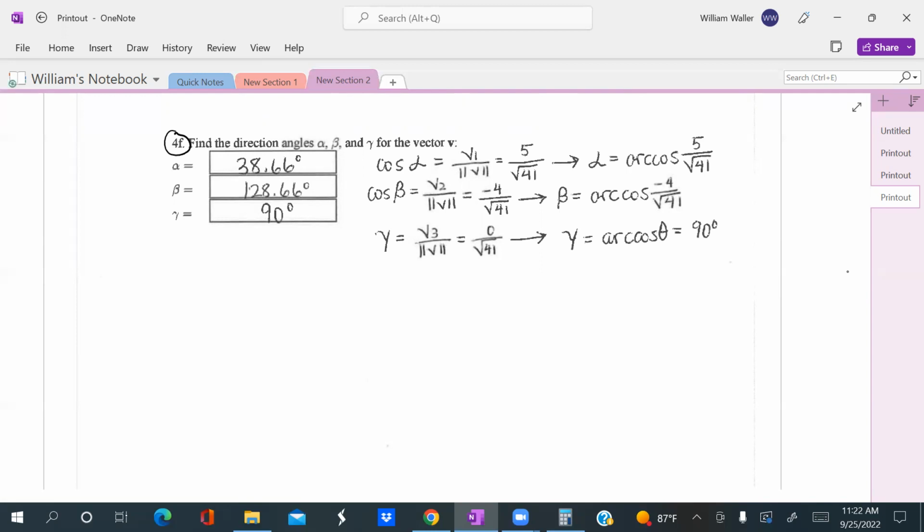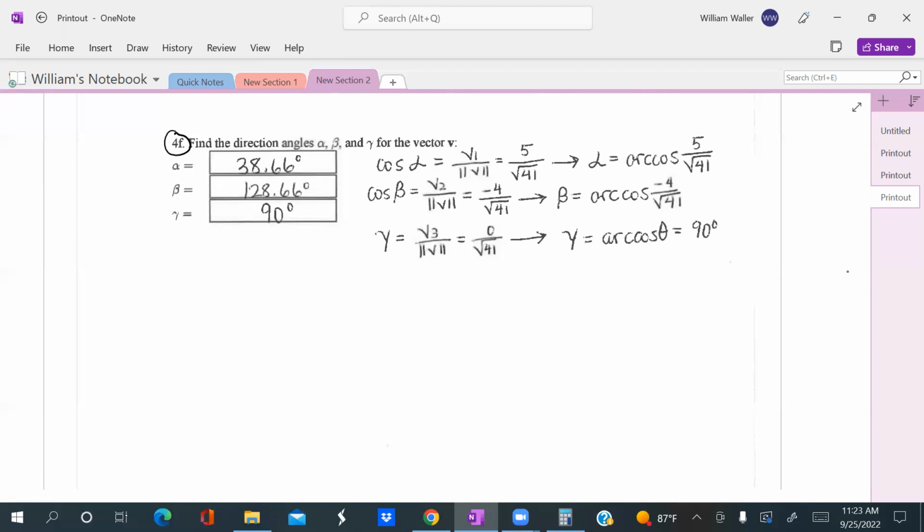But things are more complicated in 3 dimensions, unfortunately. In 3 dimensions, we have to give the direction of a vector in terms of 3 angles, not just 1 angle. So you have to find the angle that the vector forms with all 3 axes to completely specify the direction of a vector in 3 dimensions.